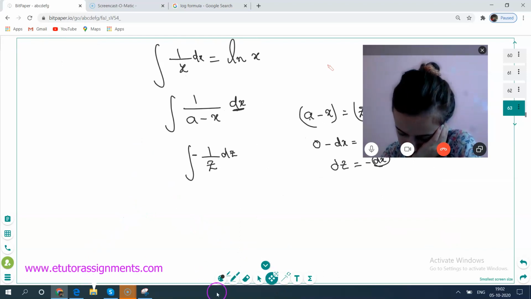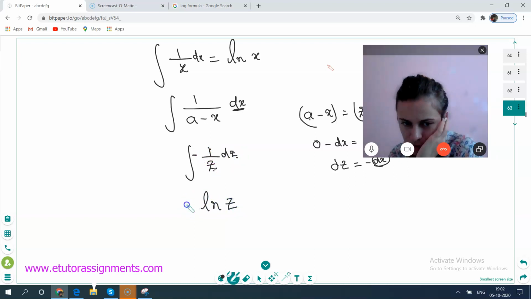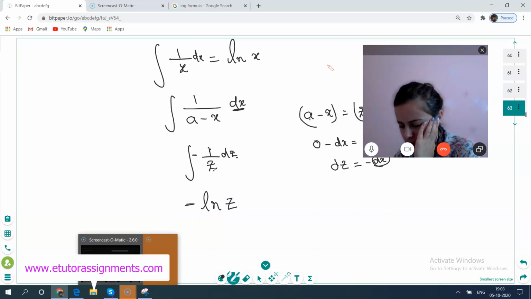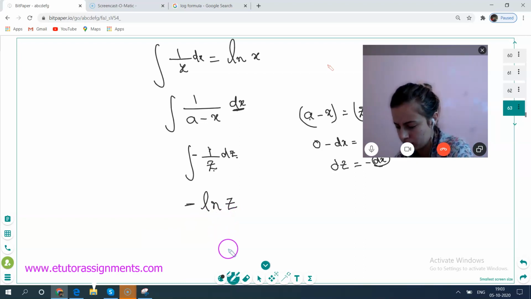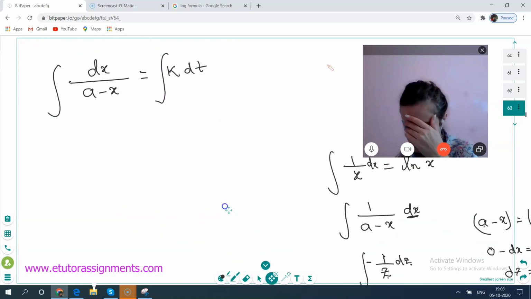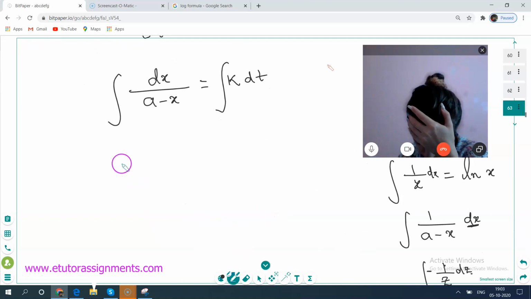Now you can do 1 by z dz. You get ln z, and with the minus sign it is minus ln z, so minus ln (a minus x). Now what limits will I put here?